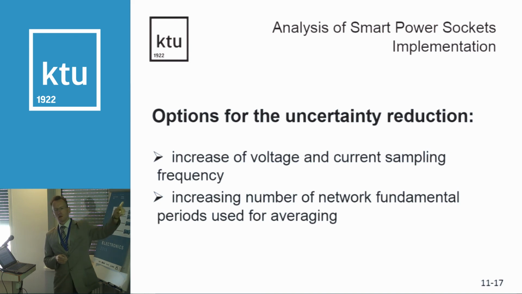Though these are ways to reduce errors, we need to pay a price for this. A higher sampling frequency, or accumulating more and then calculating more results, increases the power consumption of the power socket.